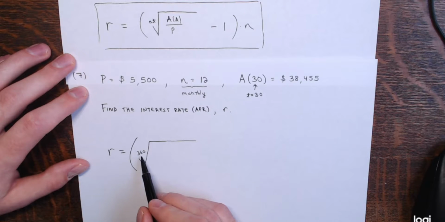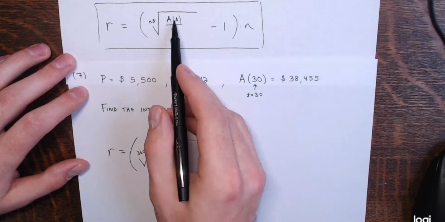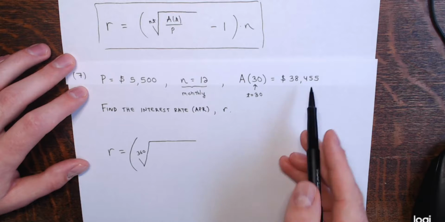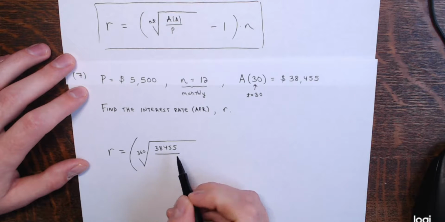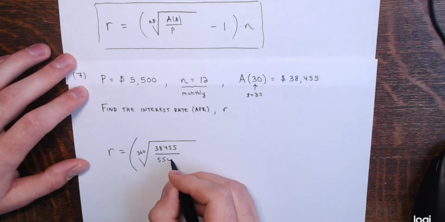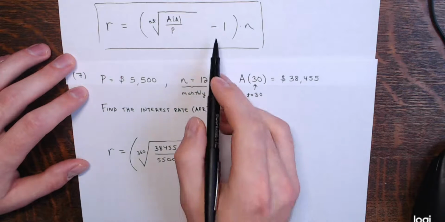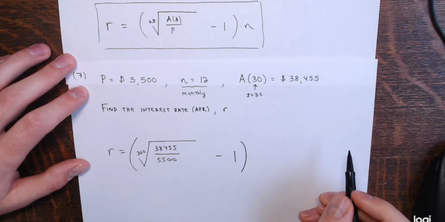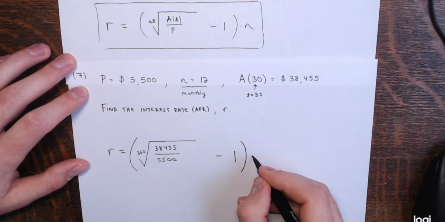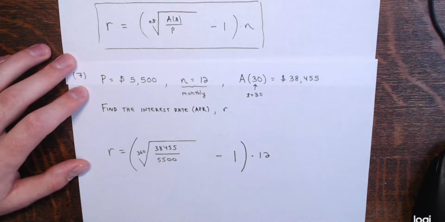So the 360th root of A of t over P, the amount after 30 years over P, so $38,455 divided by $5,500. Then we subtract 1 from this, and then multiply it by 12. And this will give us our interest rate.